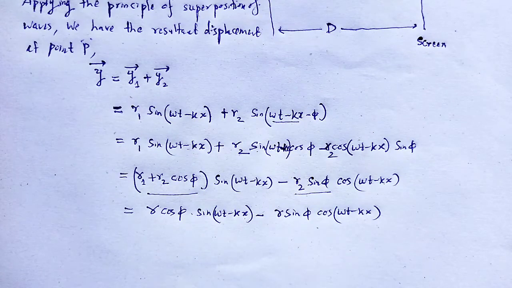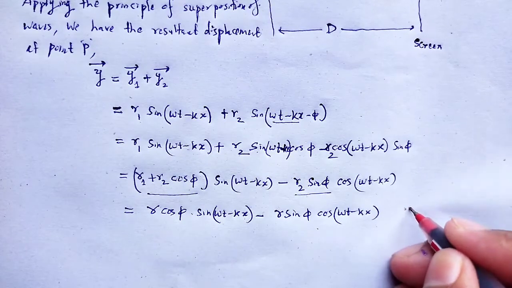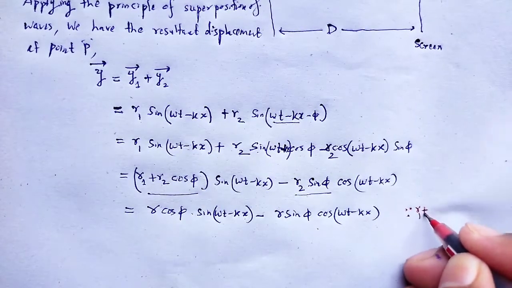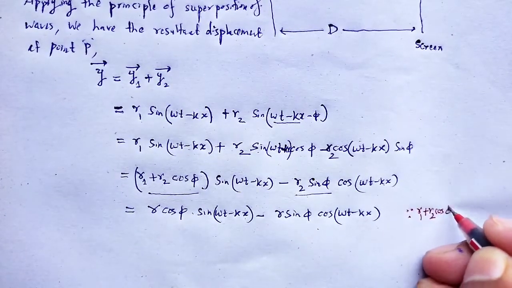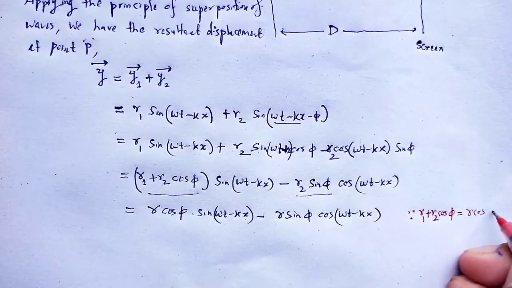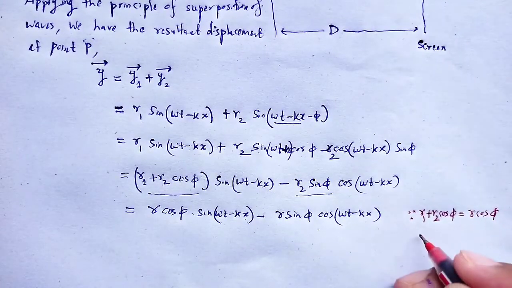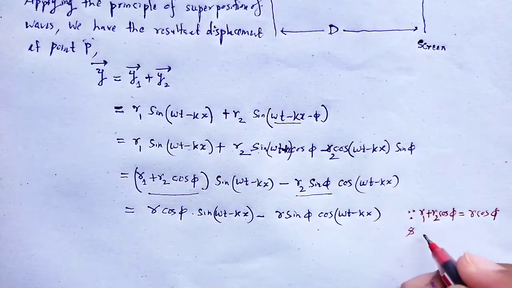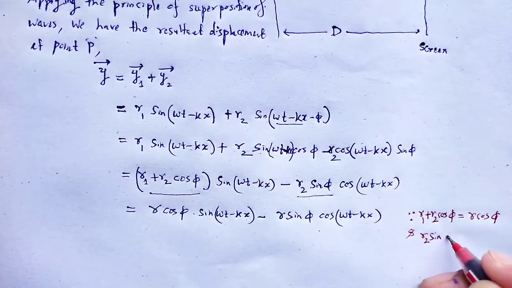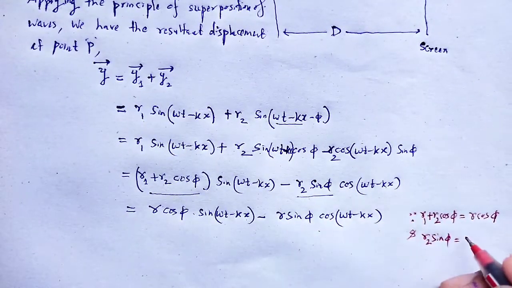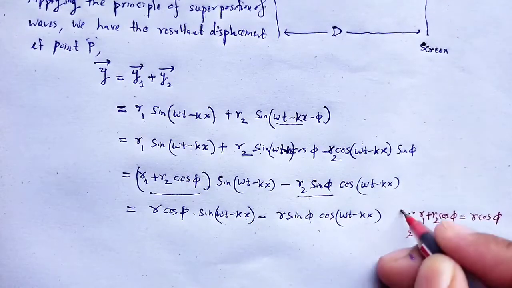I write here the substitutions as we used here. The substitutions are R1 plus R2 cos phi is equal to R cos theta and R2 sin phi is equal to R sin theta.